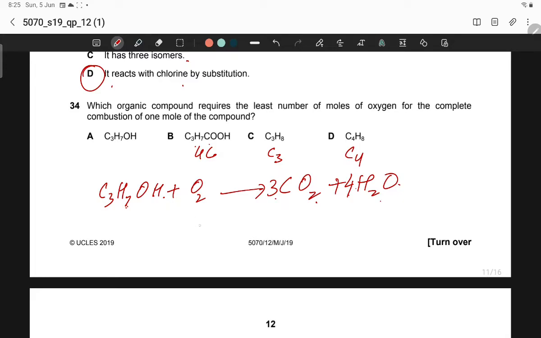So this is 3 to the 6, 6, 4, 10, multiplied with O2, 4.5, 9 and 1, 10.